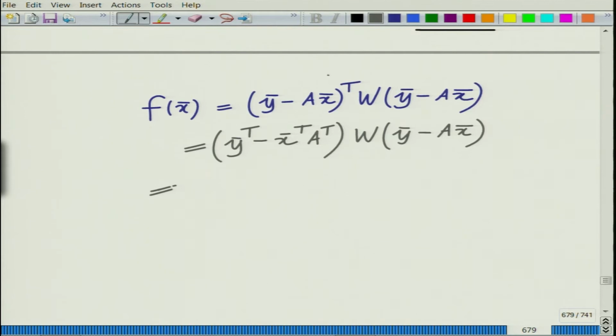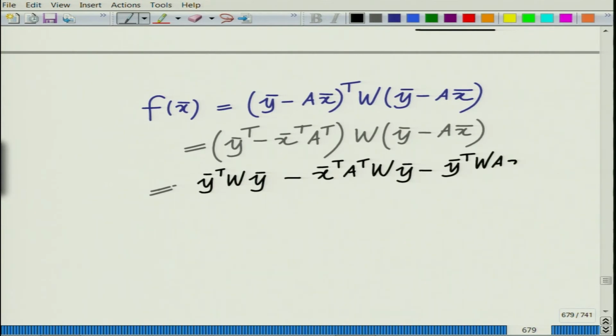Now if you write out the terms, this is going to be y bar transpose W y bar minus x bar transpose A transpose W y bar minus y bar transpose W A x bar plus x bar transpose A transpose W A x bar.